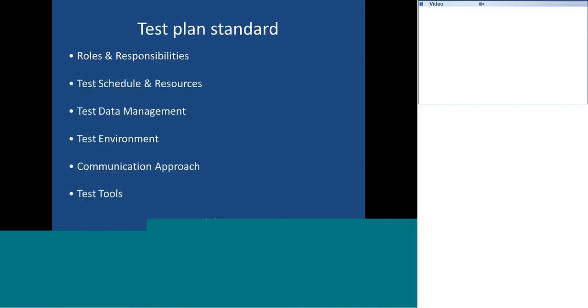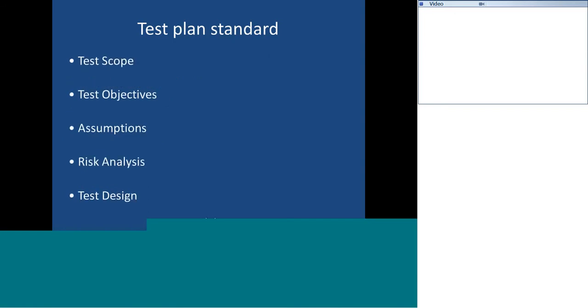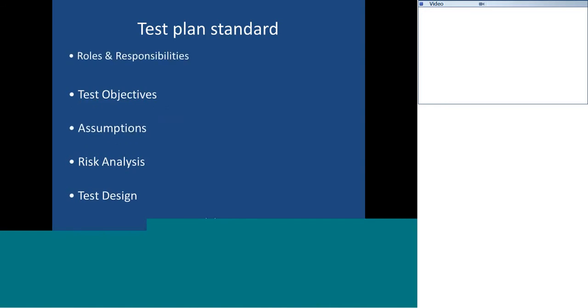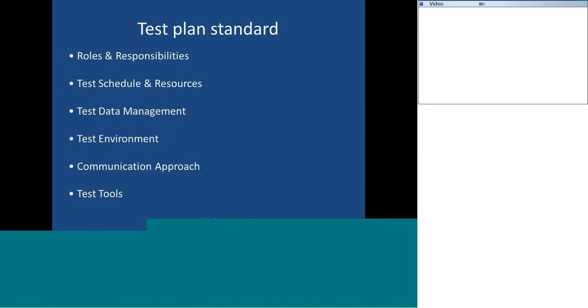The major sections that you should be taking care of are the test scope, the objective, assumptions, and the test schedule and resources. These are the four. Okay, these are the 4 sections that will differentiate what a test plan is.